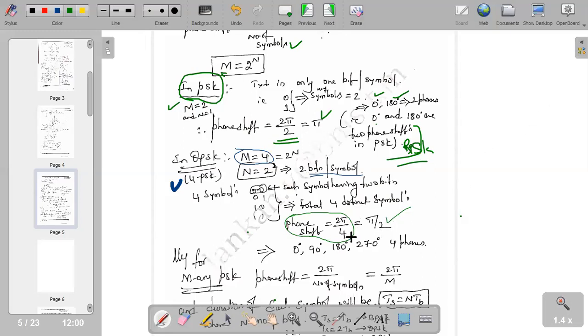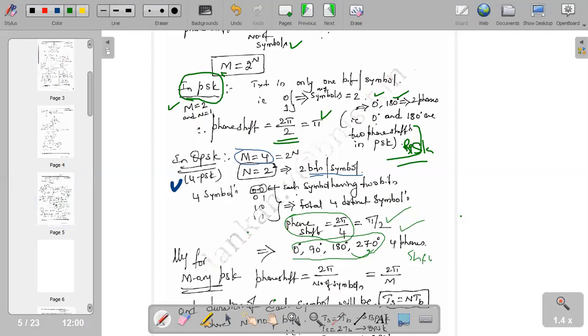So every phase shift changes with an angle of 90 degrees. So the phase shifts here are 0 degree, 90 degree, 90 plus 90 that is 180 degree, then 180 plus 90 that is 270. So there are a total of 4 phase shifts used in QPSK system.